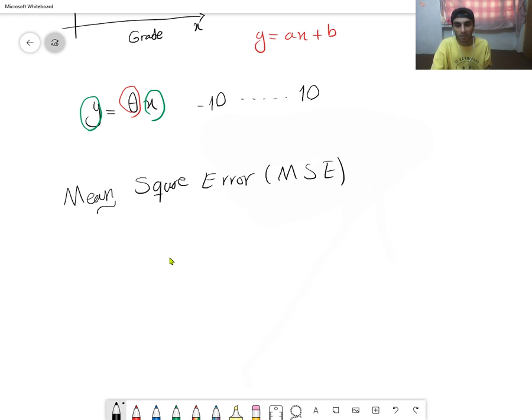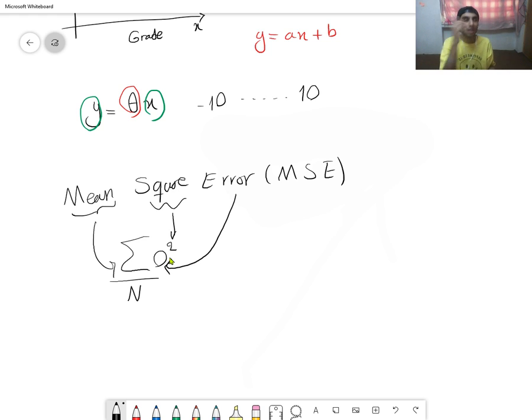Here we have mean. Mean is something like sigma over n, sigma of something over n. A square is when you multiply something by itself, or to the power of 2. This is square, this is mean, and this is error. What does error mean? Error means how far we are from the true value, from the exact value, right? We can say that error is true value minus predicted value.